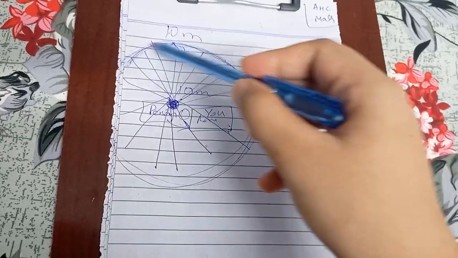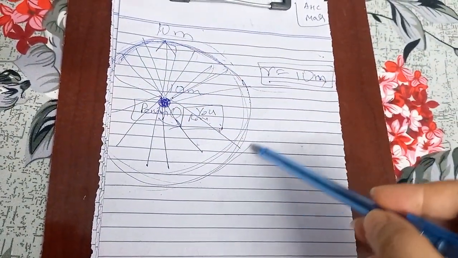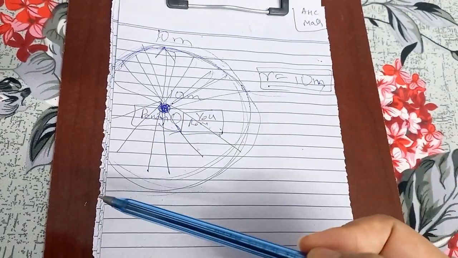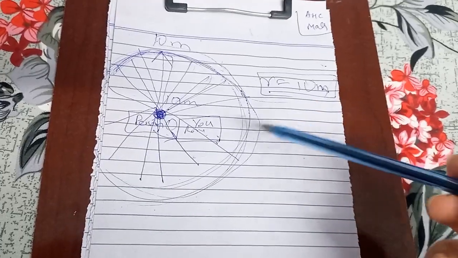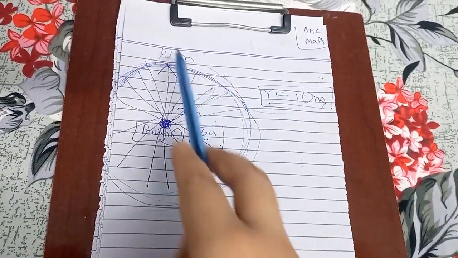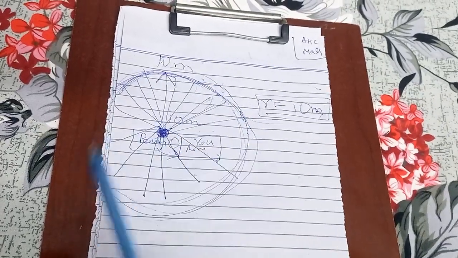He can be anywhere on this circle, because all of these positions are 10 meters away from the starting point. Here he needs to know the direction. You have to tell him where to go with 10 meters of magnitude distance to reach AHC mall.